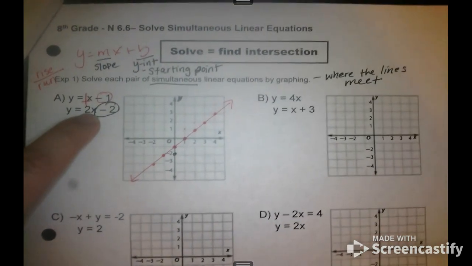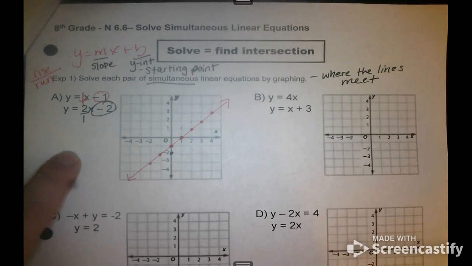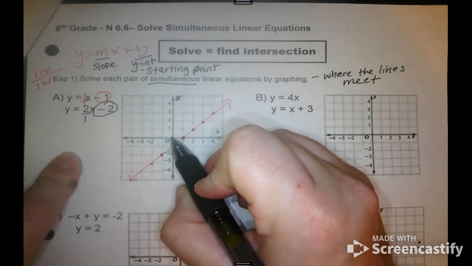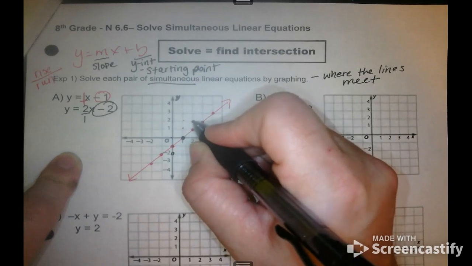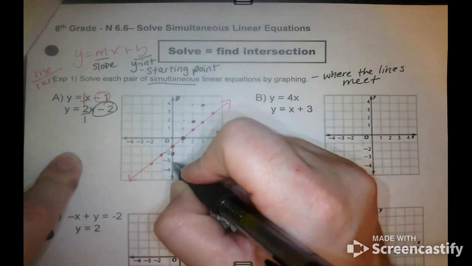No, not over 2. How do I make a whole number a fraction? Just said it, guys. Put it over 1. So now do I have a rise over run? Yes. So I started here and I go up 2, over 1. Up 2, over 1. Up 2, over 1.